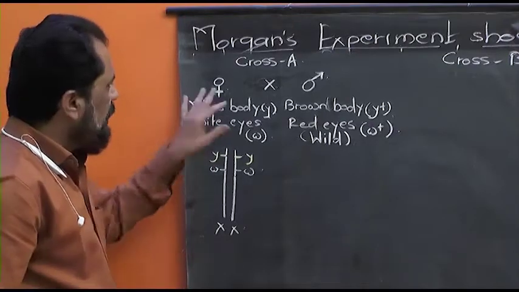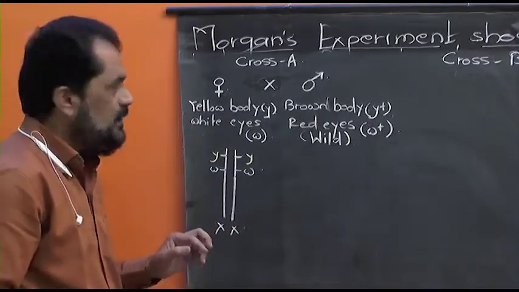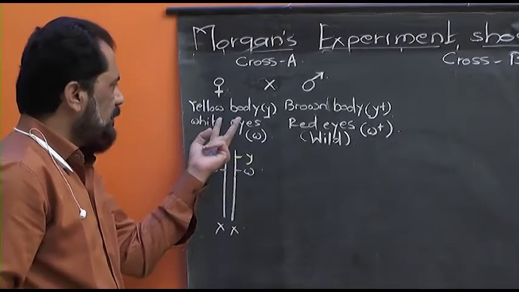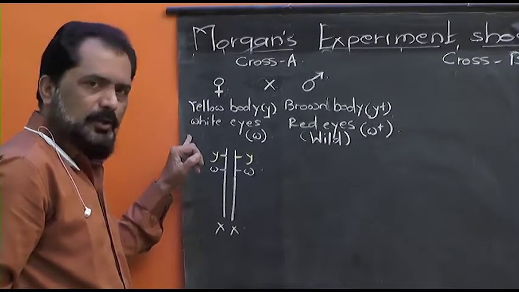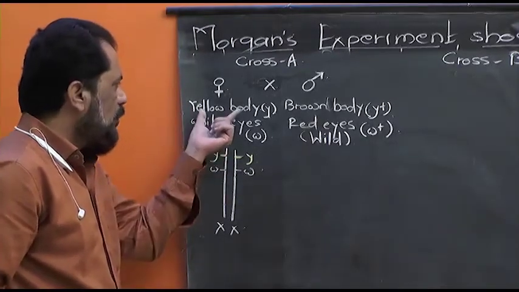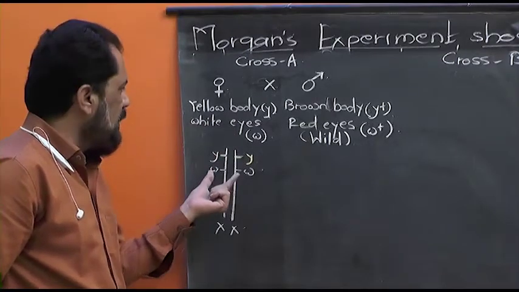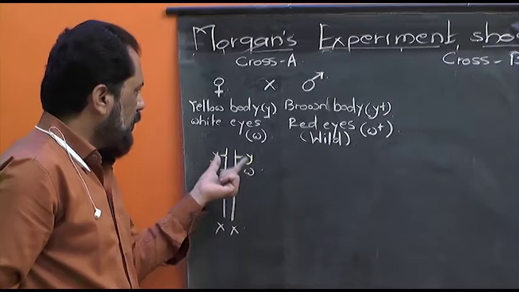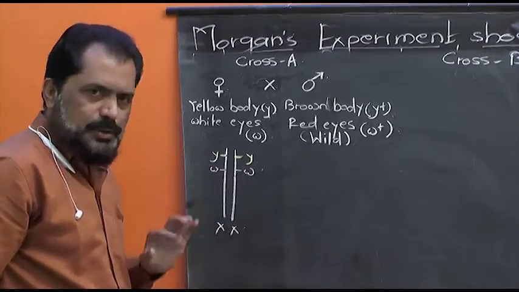I said the female is double recessive homozygous. It means what? Here two characters are considered. One, color of body, second, color of eyes. And the genes for yellow color of body are identical, that is homozygous, as well as the genes for white color of eyes are also identical, that is homozygous.